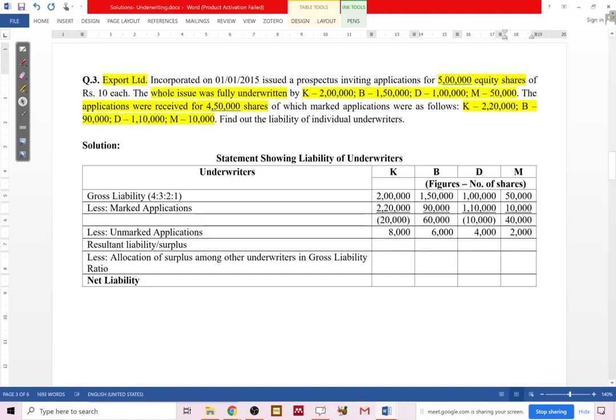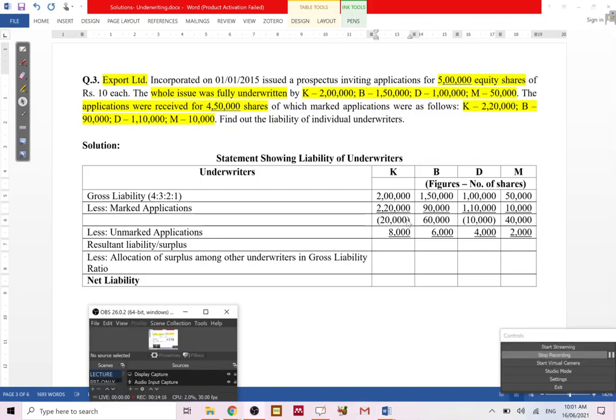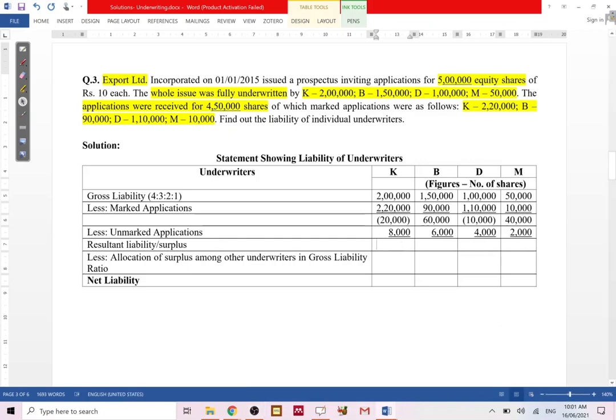Done? Alright. So now we have deducted the unmarked applications also successfully, and then we have to get what is the remaining liability or surplus. If somebody has a surplus, then we again have to decide what to do with it. Okay. Now after minusing unmarked applications, let's see what we get. I told you before also, this is negative 20,000, and from this you are supposed to less or minus the 8,000.